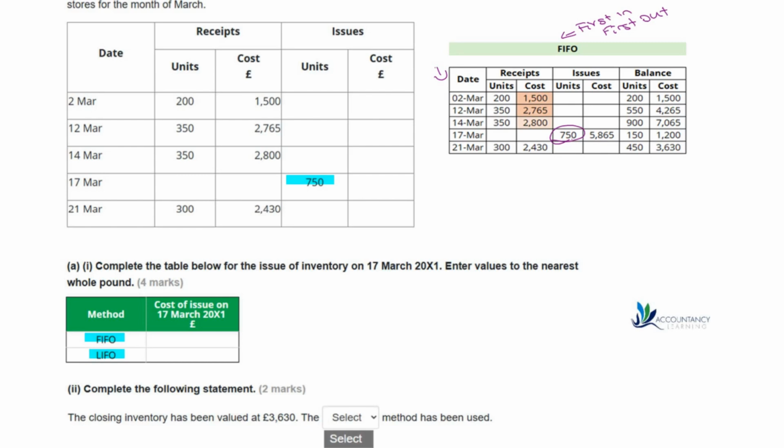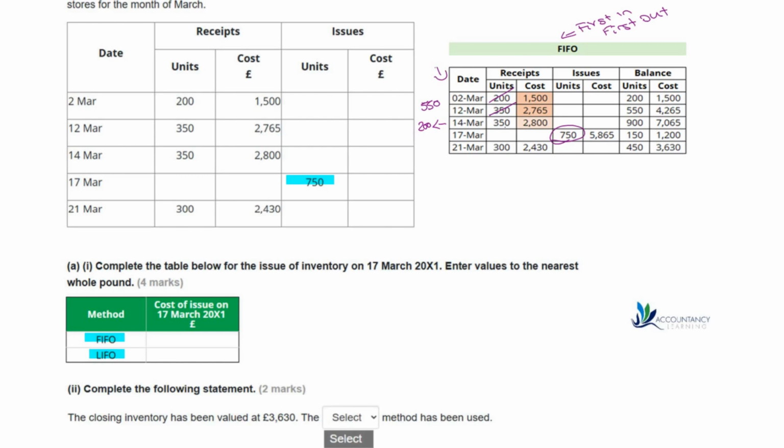If you think about it in different pots or maybe different shelves, you're going to take the full 200 units there. You're also going to take the full 350 units there. So that now gives us a total of 550. And with 750 units that we need to issue, it means we're going to be taking 200 from this one here.